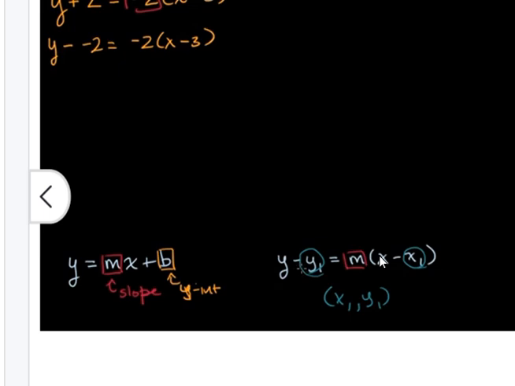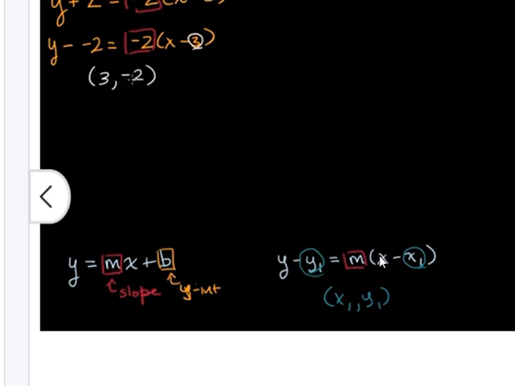And then you see it's exactly this point-slope form right over here. So our slope right over there is negative 2. And then if I were to ask you to give me a point that sits on this line, you could say, all right, an x1 would be 3, and a y1 would be negative 2. This point sits on the line.